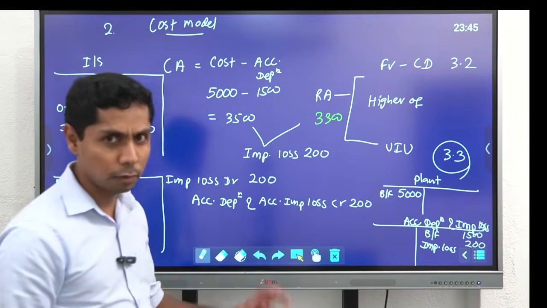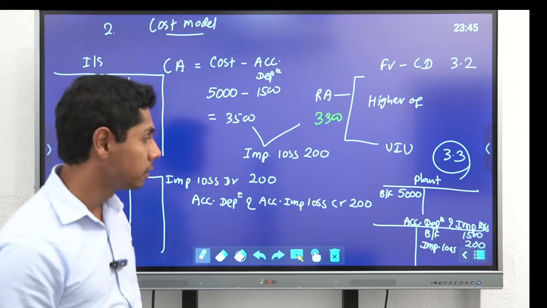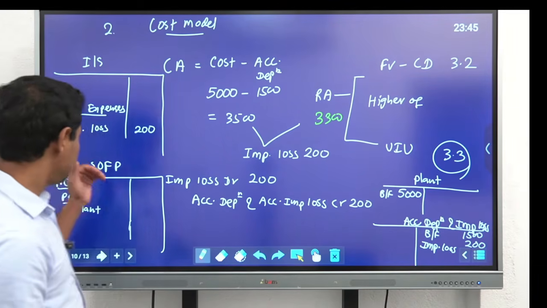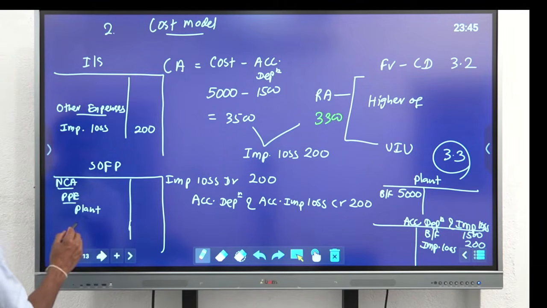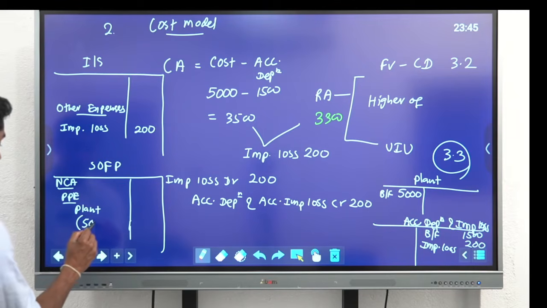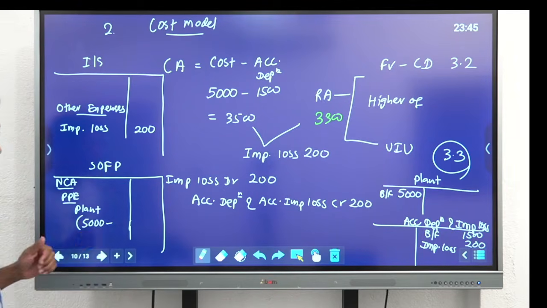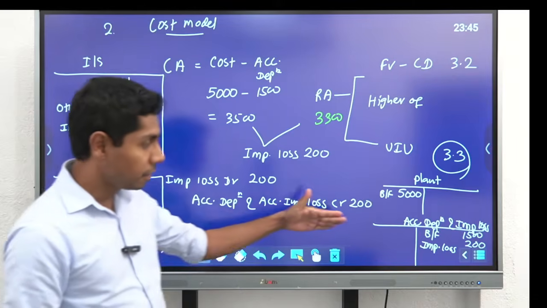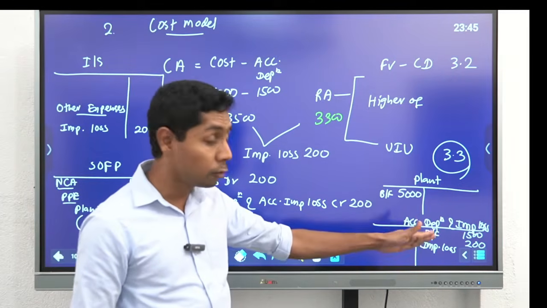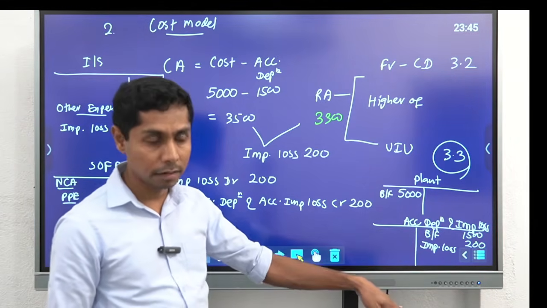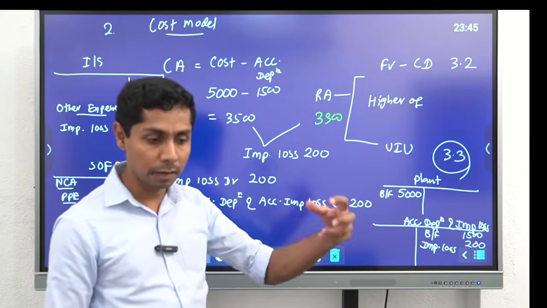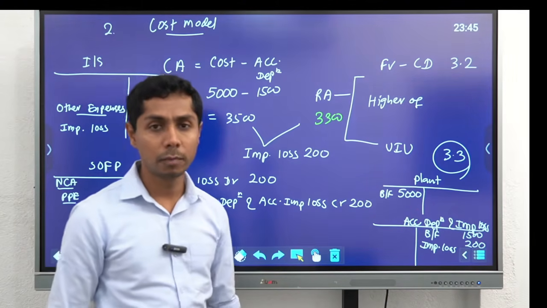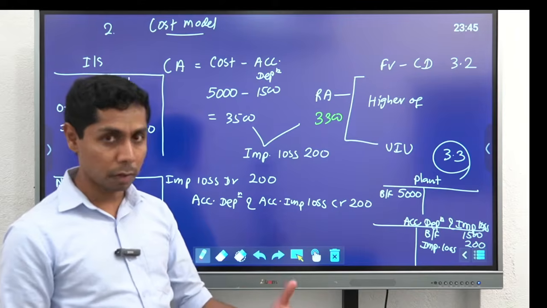Got it? I think you can see the figures, right? Now in the statement of financial position, cost of the plant is 5,000. The balance of the accumulated depreciation and accumulated impairment loss account is now 1,700. Earlier 1,500, now we recognize another 200 impairment loss.